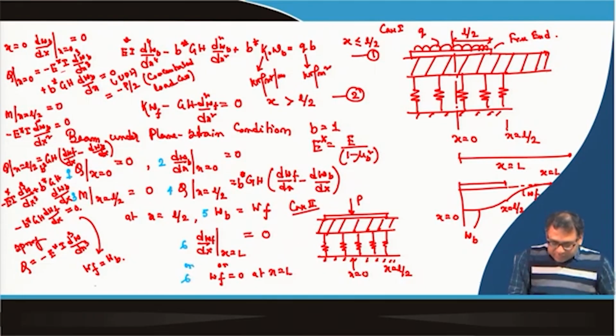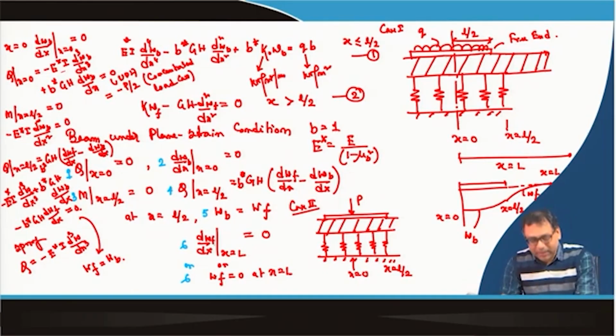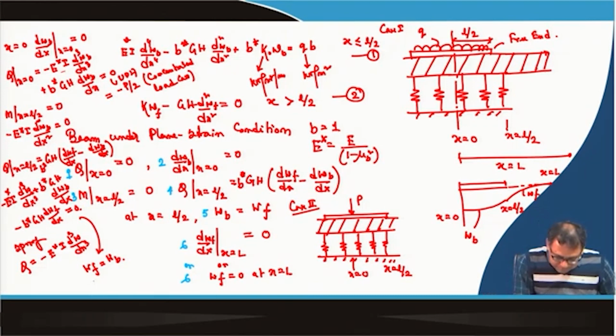Okay. So, these boundary conditions we have to apply in this case also, if I want to determine the deflection beyond the loaded region. That means, for beyond the loaded region also dw_f/dx at x equal to L is equal to 0, or w_f is 0.